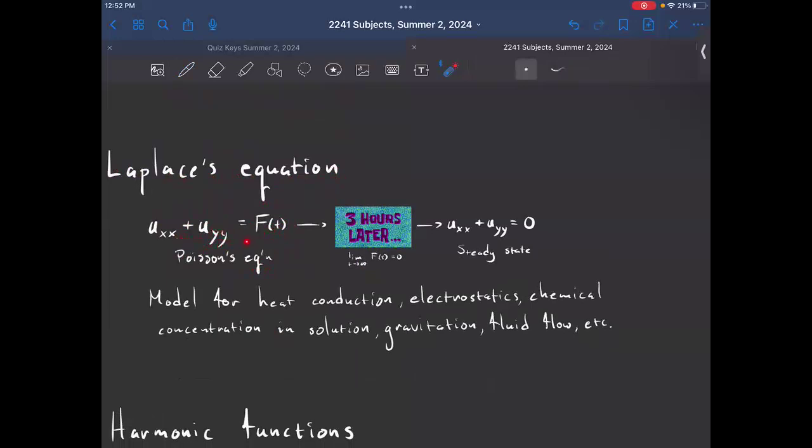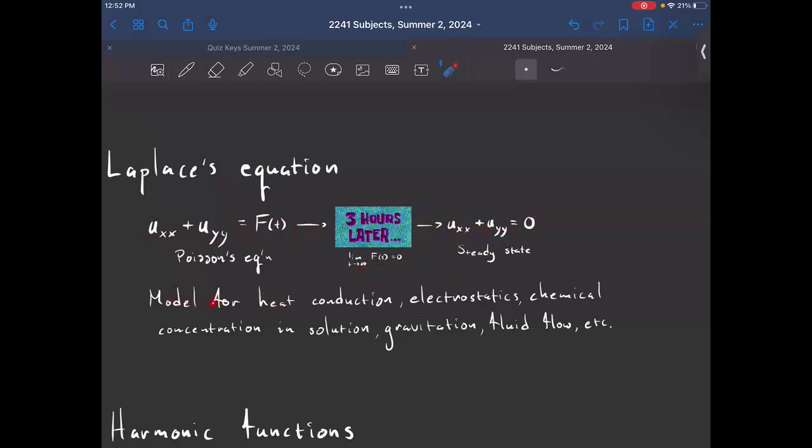But the idea of Laplace's equation is that it's supposed to be steady state solutions to different sorts of physical phenomena. So you take Poisson's equation and you wait a really long time, take the limit as t goes to infinity, and if f_t goes to 0, then the t component becomes unimportant here, and you are supposed to end up with this steady state solution, which models maybe the concentration of something.